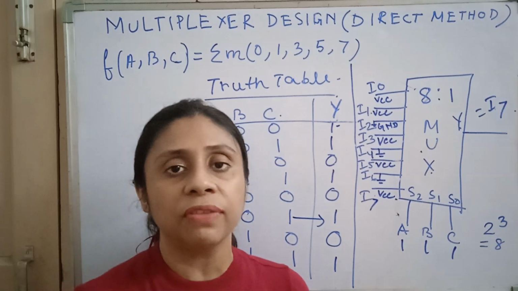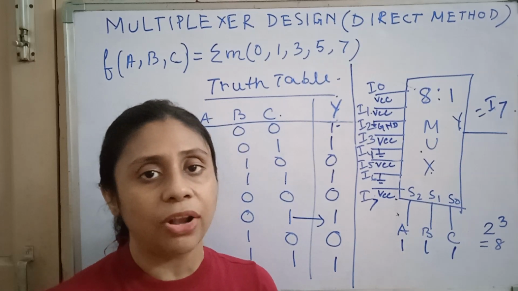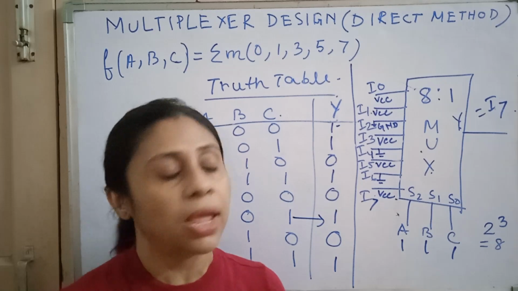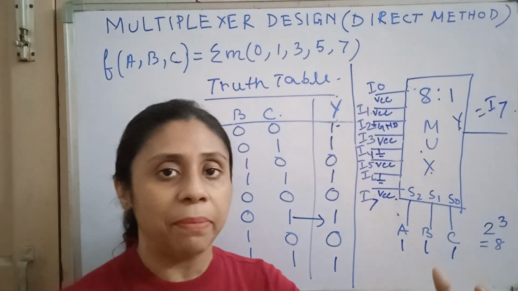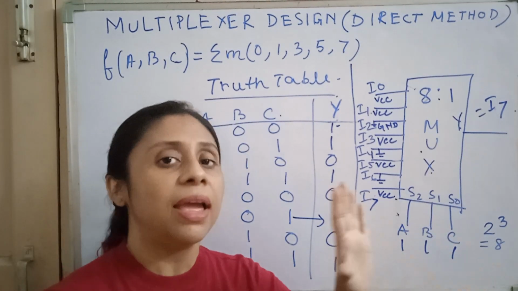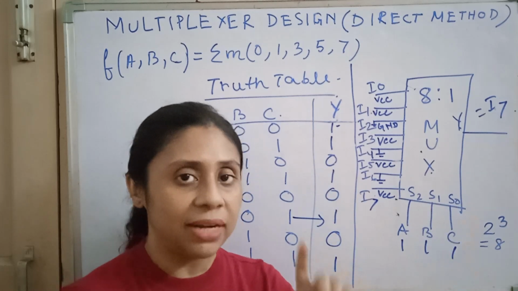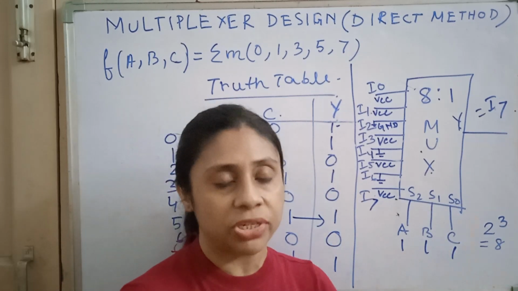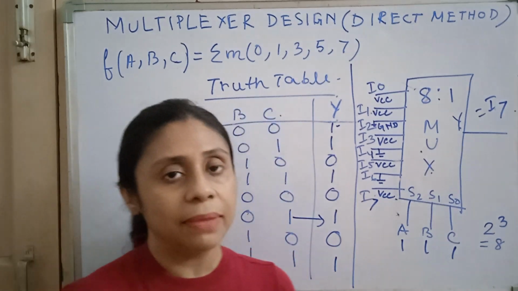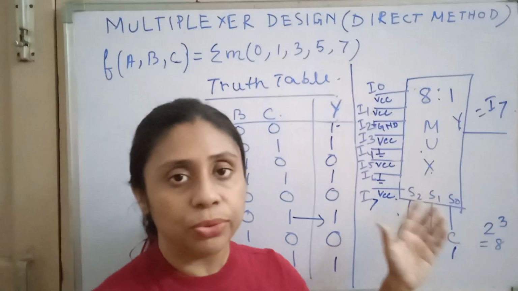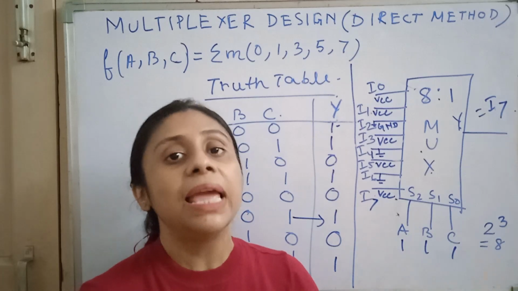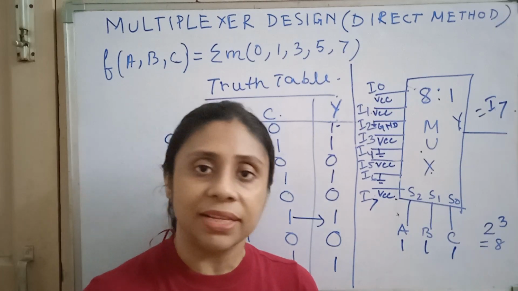What is the implementation of logic gates like AND, OR, NAND, NOT, XOR, XNOR, and we will see how to implement those logic gates using the direct method of multiplexer designing. That is a very important question in all the viva exams. So we will first do that and then we will move to the indirect method of multiplexer designing.